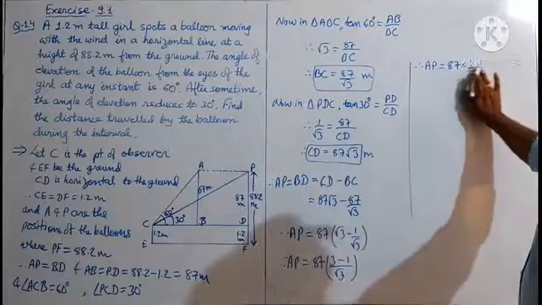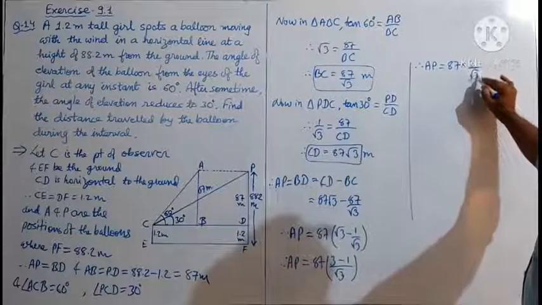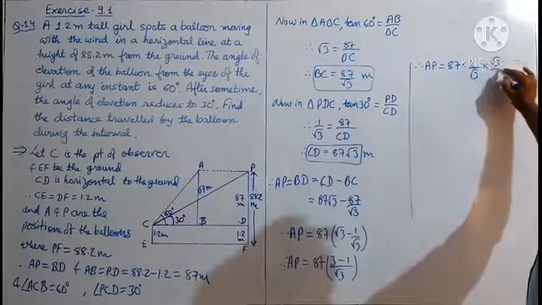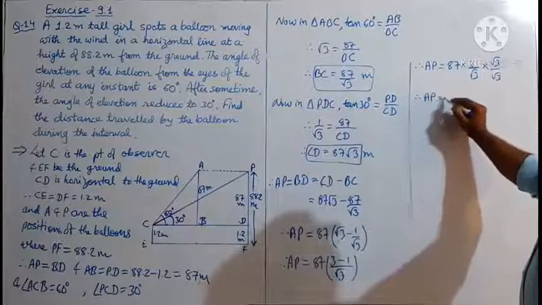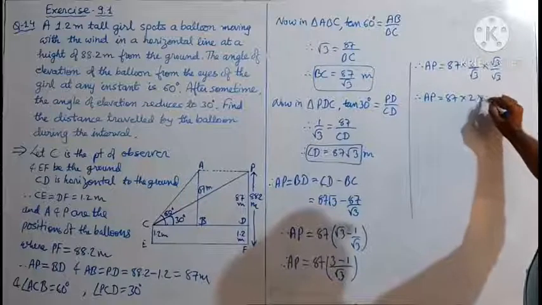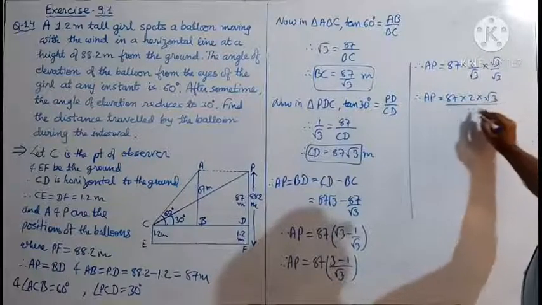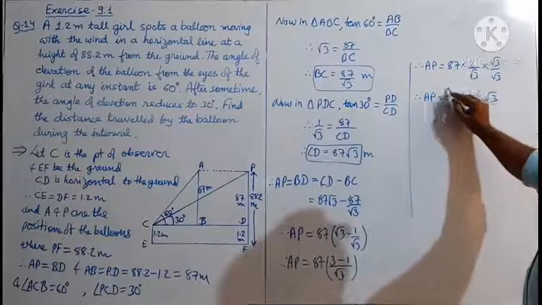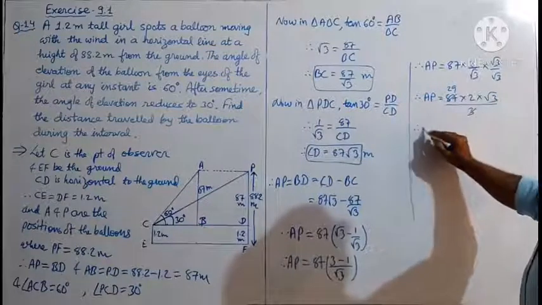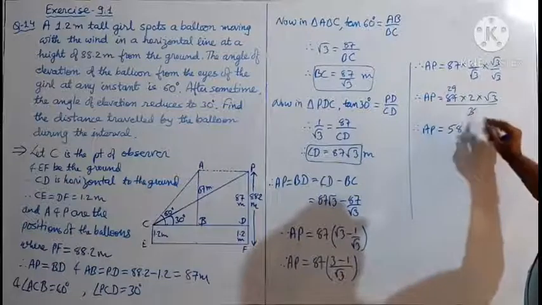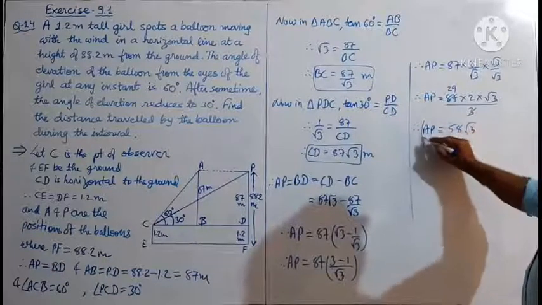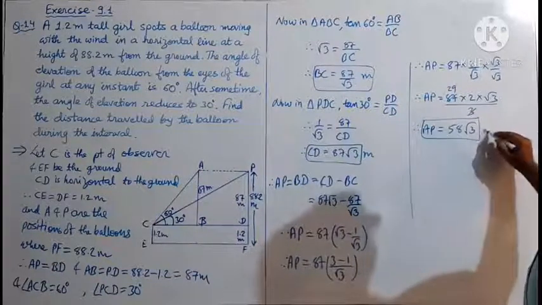As the denominator is an irrational number, we have to rationalize the denominator, and that is, we say AP is equal to 87 into 2 into root 3 divided by 3. So 3 cut, here 29 3s are 87, and therefore AP is equal to 29 2s are 58 root 3. So here it is 58 root 3 meter.